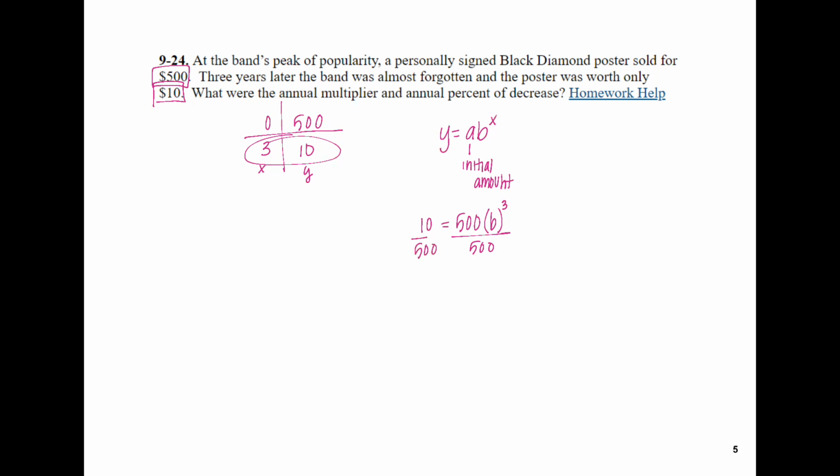So when we divide by 500, we get 1 over 50 is equal to b cubed. The inverse of cubing something is cube rooting it, so we get b is approximately 0.2714. So when we look for the percentage of decrease, we want to take 1 and subtract 0.2714 from that, which gives us approximately 72.9% decrease.